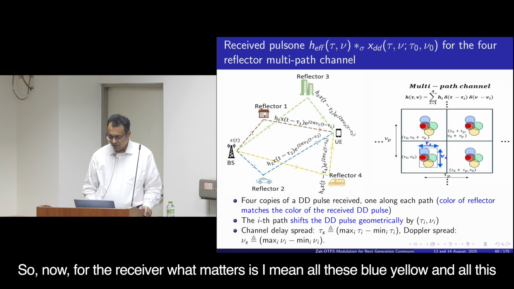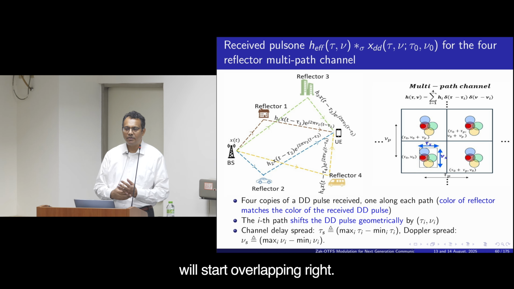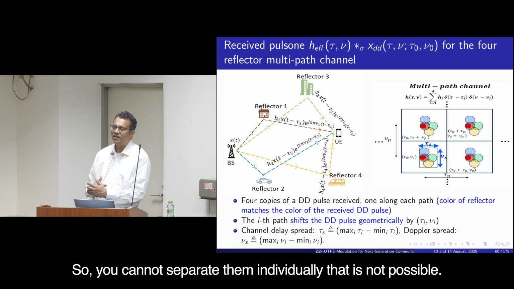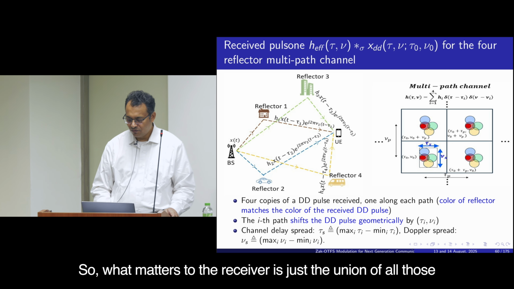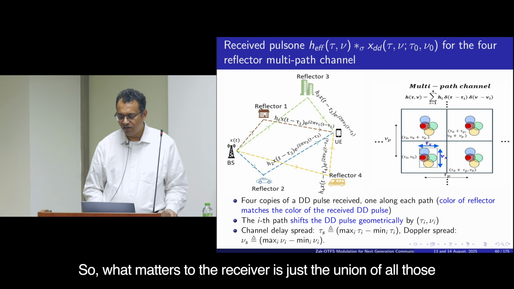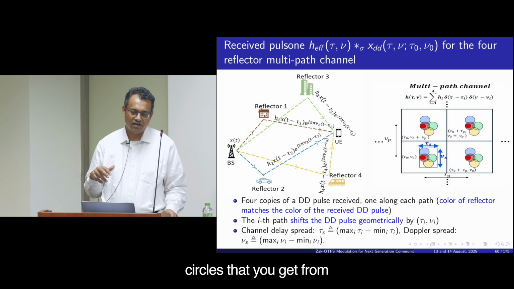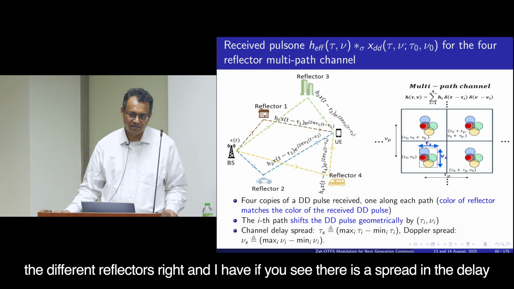So now for the receiver, all these blue, yellow and all this will start overlapping, right? So you cannot separate them individually, that's not possible. What matters to the receiver is just the union of all those circles that you get from the different reflectors. If you see, there is a spread in the delay.